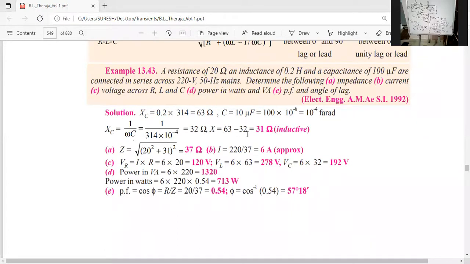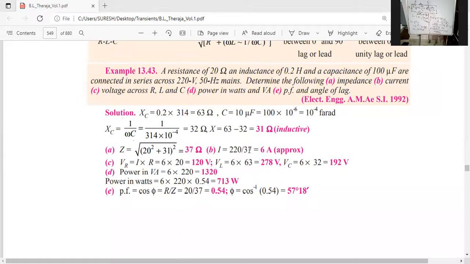Your net reactance is XL minus XC, that is 31. Since XL is greater than XC, your circuit is inductive. Then Z is equal to square root of R square plus X square, that is 37. Magnitude is 37 they have given. Angle they have not calculated, only magnitude.